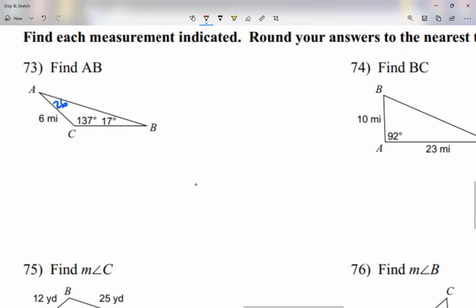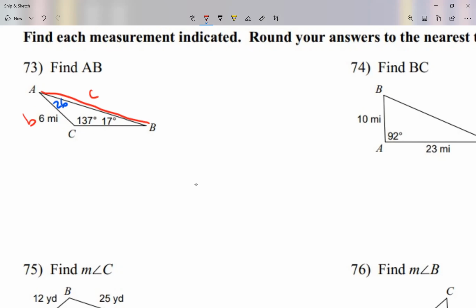Okay, I'm asking you to solve for side AB. So find AB. This is what we call the side C, right? Side C is opposite of angle C. I have side B. Every time you have a side in the opposite angle, so notice I have side B and angle B. Once you have a side in the opposite angle, use the law of sines.